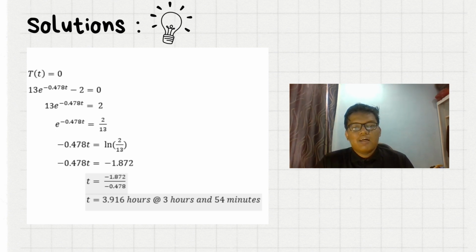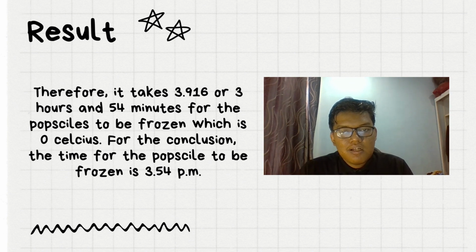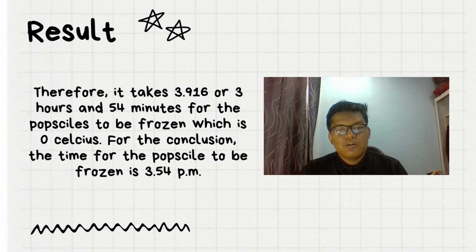So we got the final answer: t equals 3.916 hours, or we can call it 3 hours and 54 minutes. So for the result, it takes 3.916 hours or 3 hours and 54 minutes for the popsicles to be frozen, which is 0 Celsius.